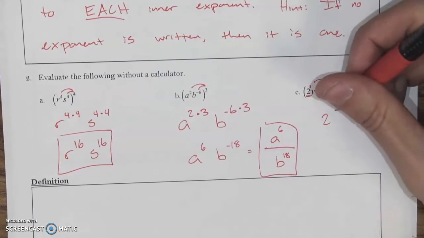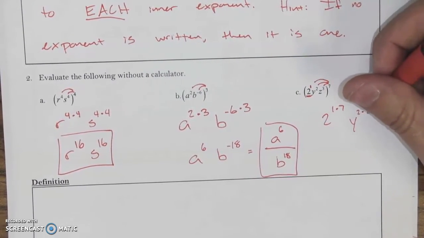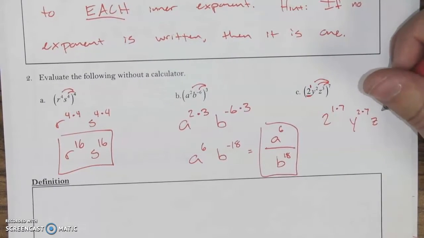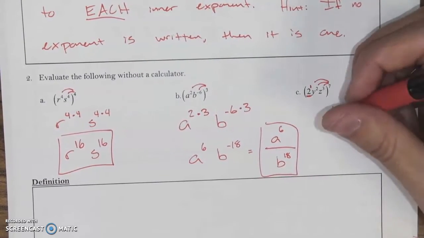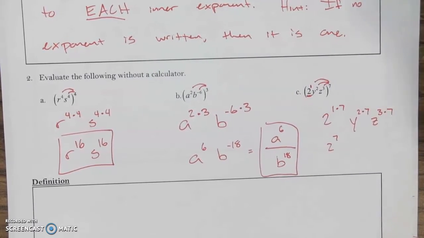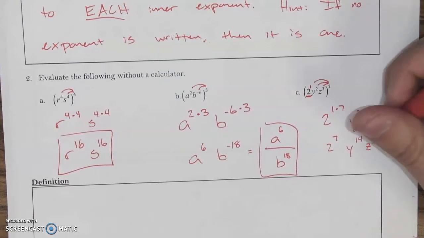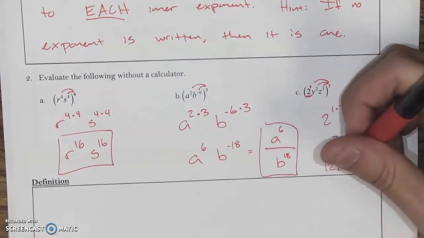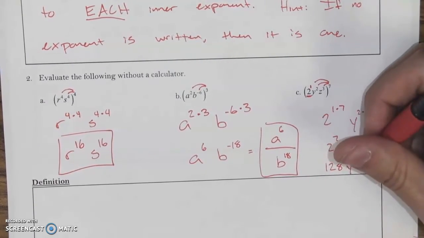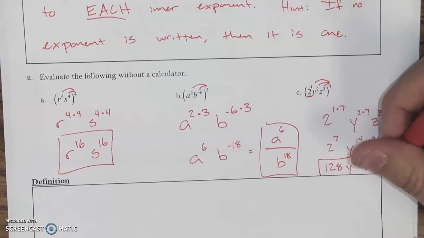So we have 2 to the 1 times 7, y to the 2 times 7, and z to the 3 times 7. 2 to the 1 times 7 is 2 to the 7th, y to the 14th, z to the 21. Now, we can evaluate 2 to the 7th. 2 to the 7th is 128, and then we'll bring down the rest. And that is our solution.